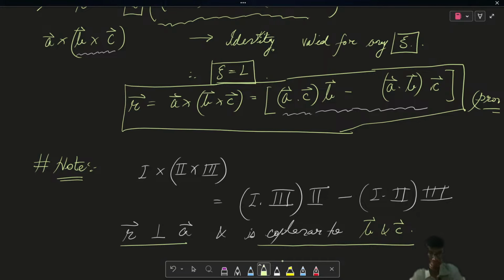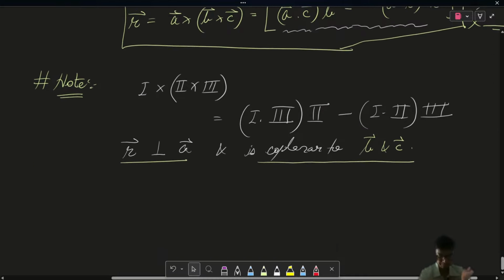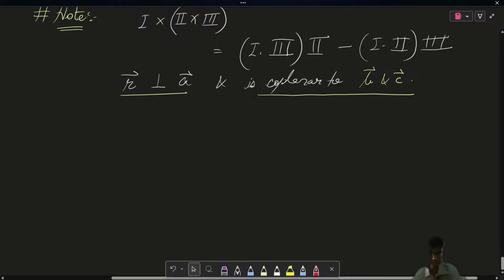Let's try to solve and see some illustrations to understand this topic in better detail. Let's say I give you a simple problem.